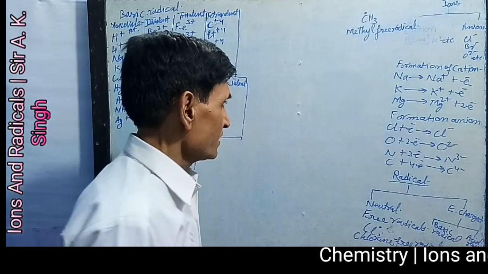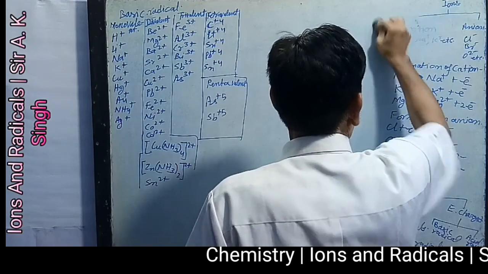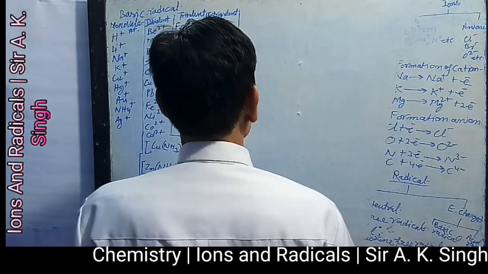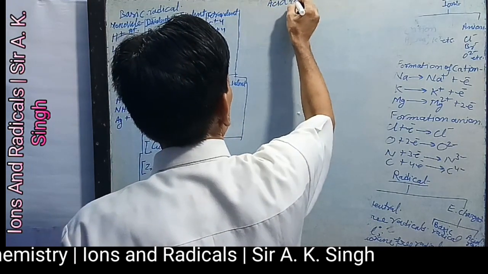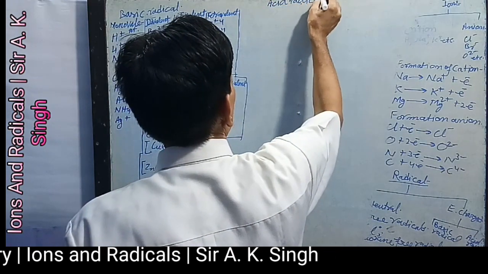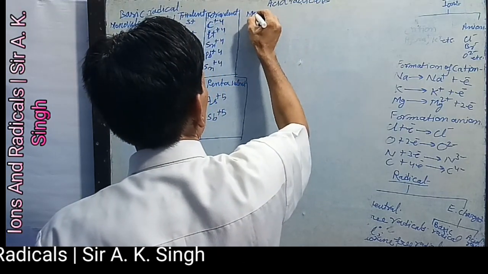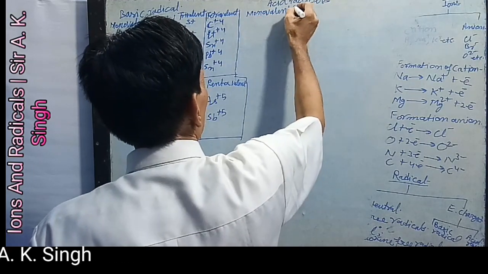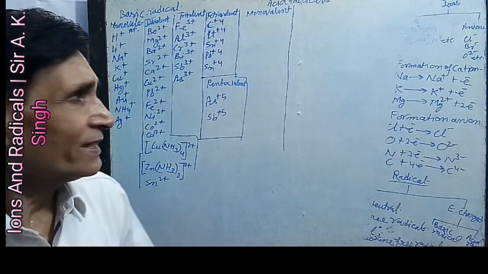Now let us see acid radicals. First, monovalent. Monovalent acid radicals have only one negative charge.